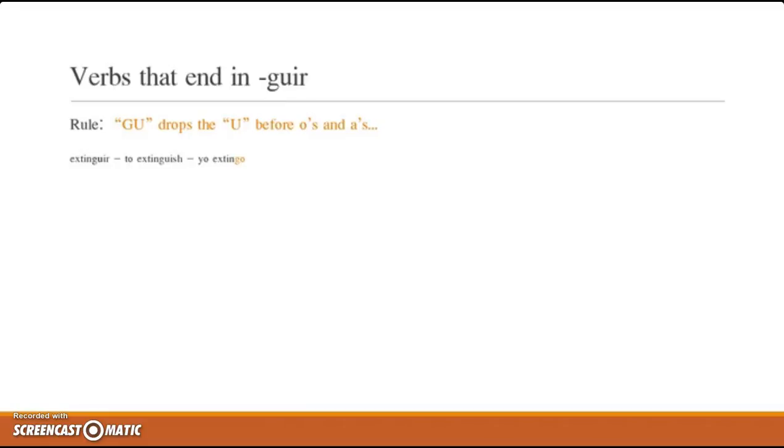If we kept the U in there, the G-U-O makes the U pronounced, and that'd be extinguo, and we don't want to pronounce the U in the conjugated form if we haven't pronounced it in the infinitive. So extingo, and then distinguir is to distinguish. Yo distingo. Now you can see the rest of the conjugation there. It only happens in yo because everywhere else there is an E or an I after the U, and therefore that U is not pronounced. Think back to guitarra. So it's extinguir, extingo, extingues, extingue, extinguimos, extinguis, and extinguen.